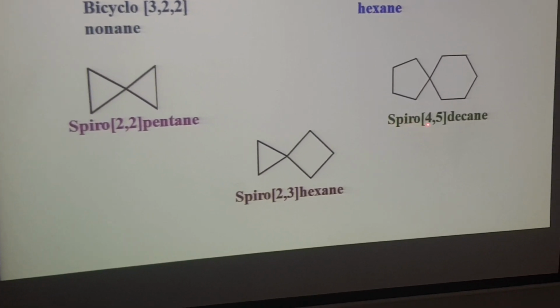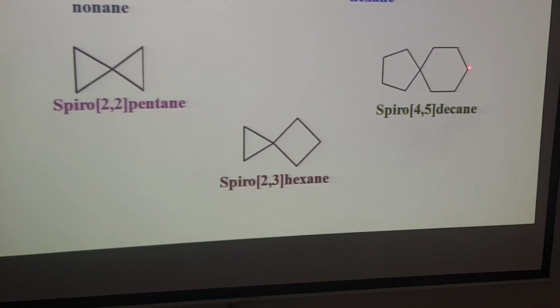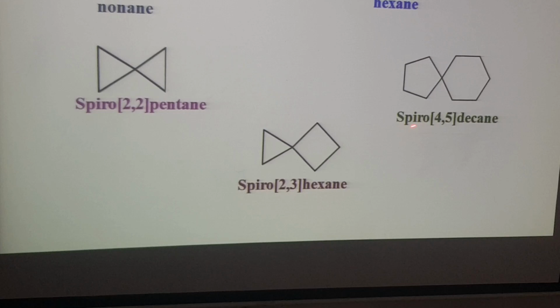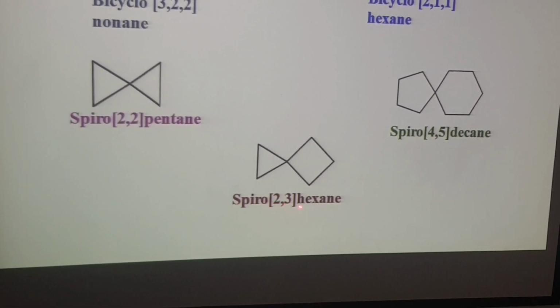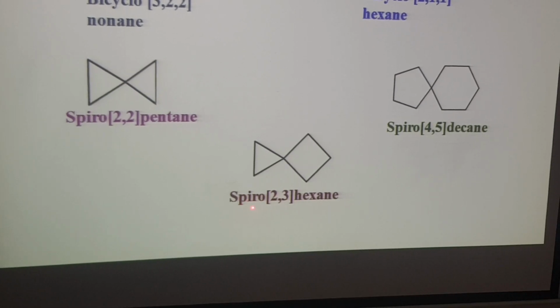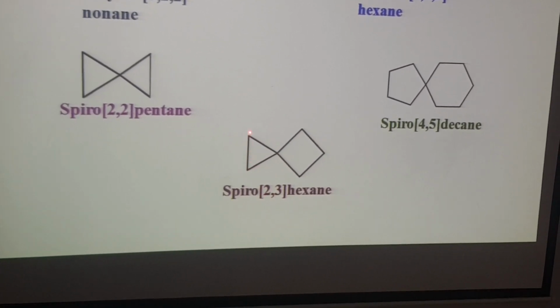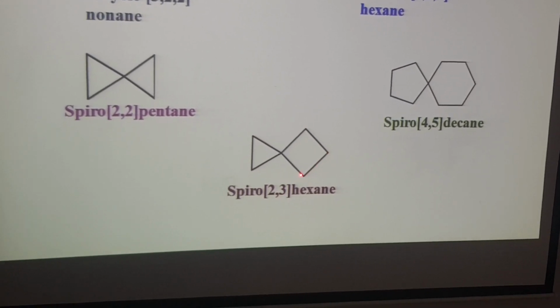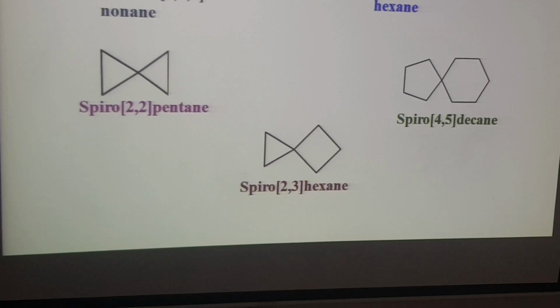In this case Spiro 4, 5, 1, 2, 3, 4, and 1, 2, 3, 4, 5. So it is Spiro 4,5 decane. So it is Spiro 2,3 hexane. Spiro just shows the class of compound, and 2 for these 2 carbons, and 3 for these 3 carbons, and hexane shows total 6 carbons.